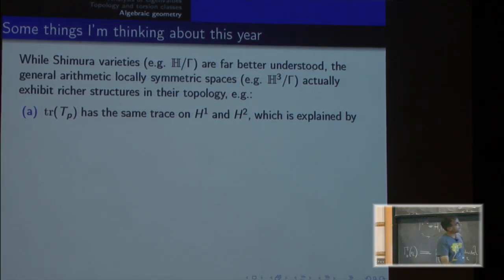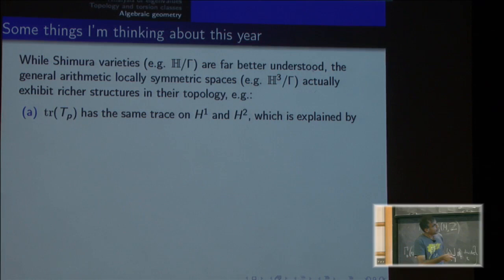So I'll just say briefly what these are, and then I'll stop. I already mentioned that in this Bianchi case, the trace of the Hecke operator on H1 and H2 is essentially the same because of Poincaré duality. It turns out that Poincaré duality is not really a very good explanation for this, because one finds the same phenomenon on other locally symmetric spaces in degrees that are not complementary.